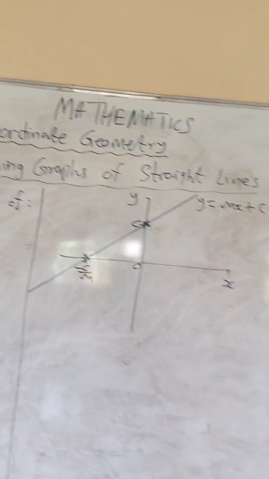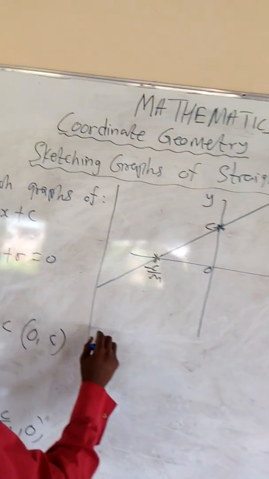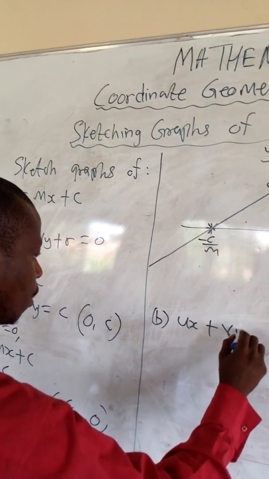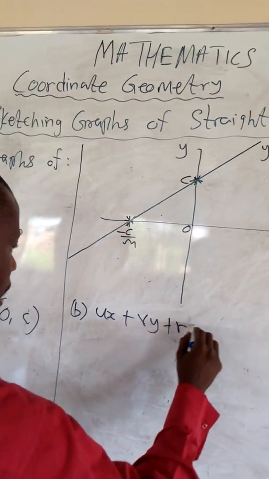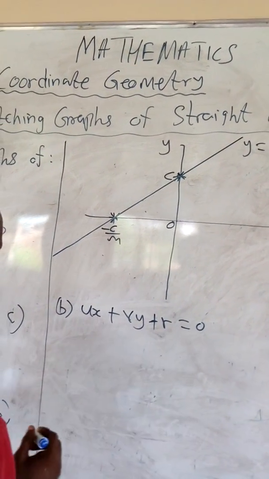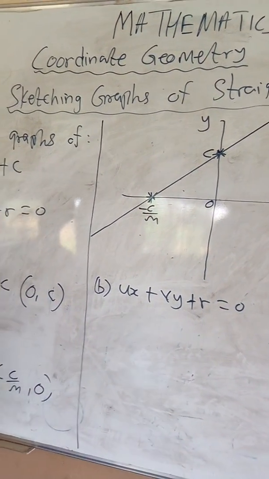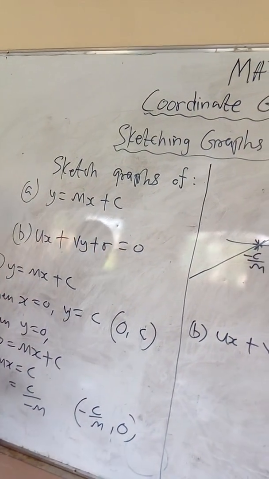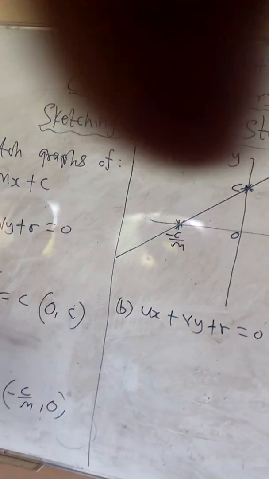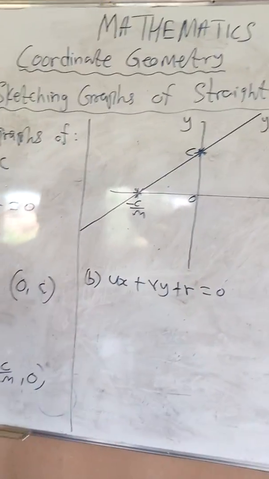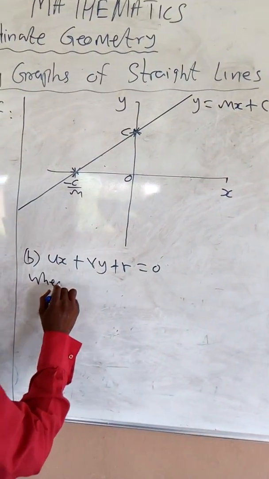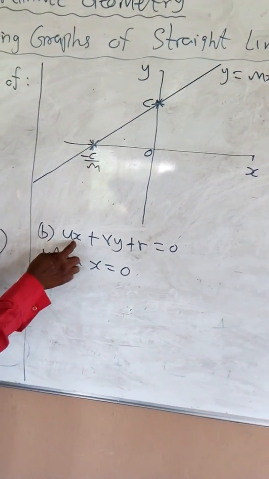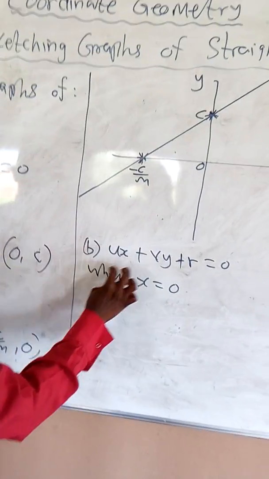For the second equation, ux plus vy plus r equals 0, all we need to do, as we did in the first one, is make x to be 0, then we find the value of y, and we will make y to be 0, then we find the corresponding value of x at the same time. So we say when x is 0, then u multiplied by 0 here makes everything here become 0.